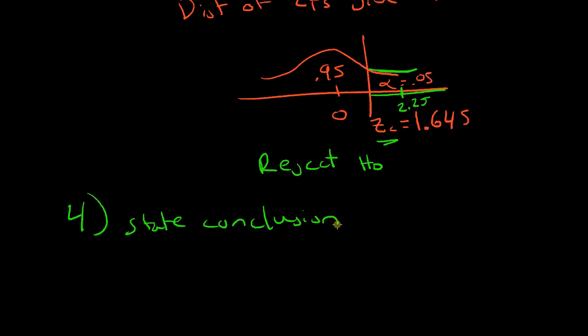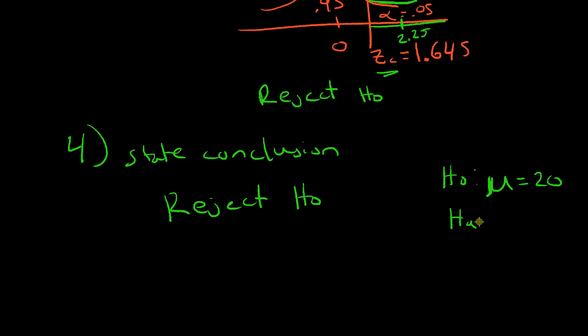So step 4, go ahead and state your conclusion. Let's do this. We know that we are going to reject the null hypothesis. Now, let's remember, what is our null hypothesis? That mu equals 20, and the alternative is that mu is greater than 20. So since we've rejected the null hypothesis, there's evidence to support the alternative.